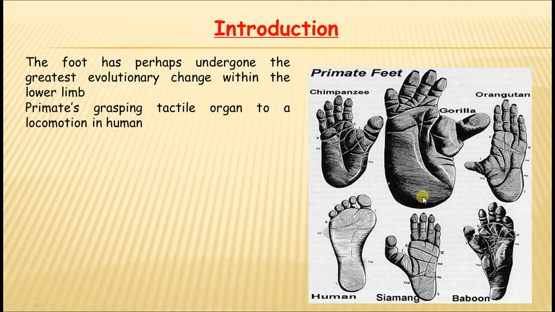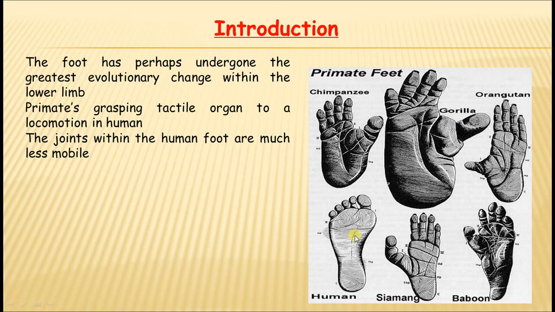As I told you, it was mainly for grasping, a tactile organ. From there it has evolved into an organ of locomotion, so we propel or walk forward with the help of the foot. Does the foot only support locomotion or propelling forward?